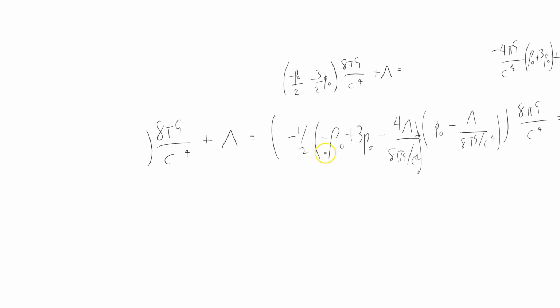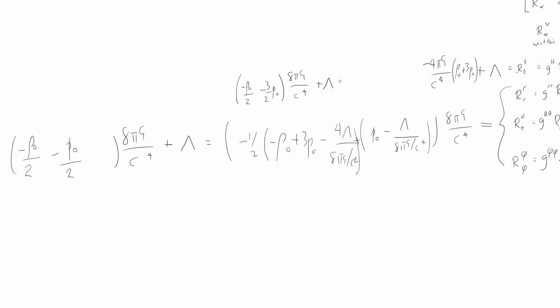We've got a minus a half rho 0, minus rho 0 over 2. And what about the pressure term? We've got plus 1 here, minus 3 over 2, so it's minus p0 over 2. Is that right? We've got plus 1 here and minus 1.5, so it's altogether minus. Oh, well, that's made our life a little bit easier.